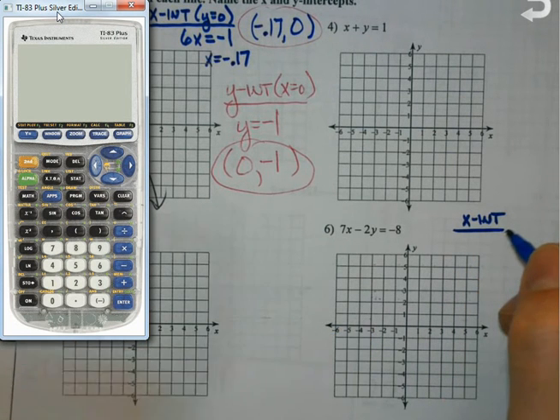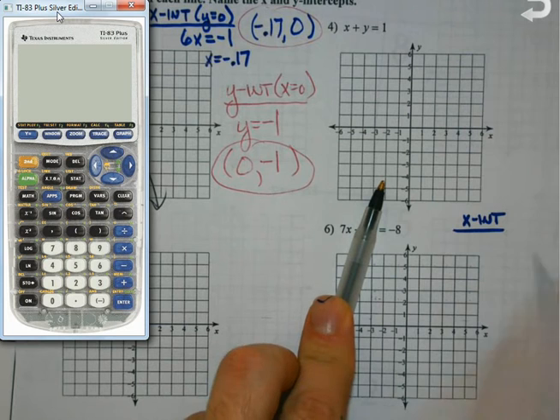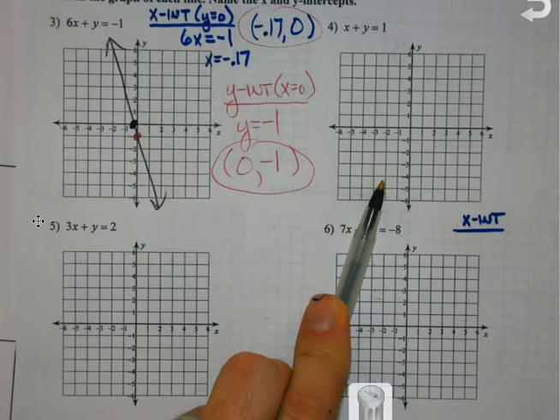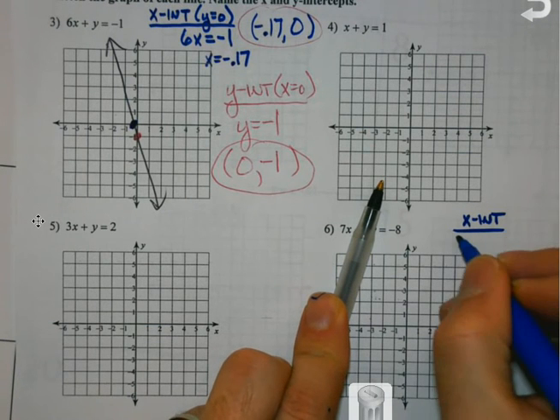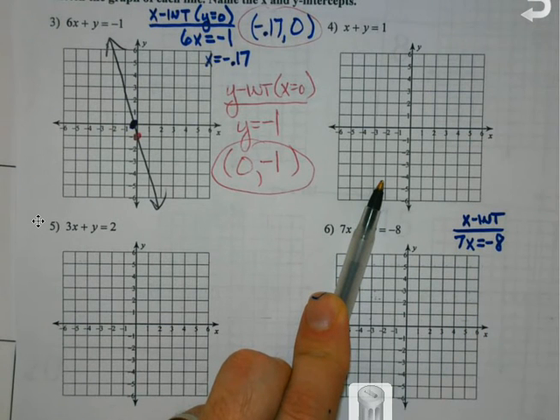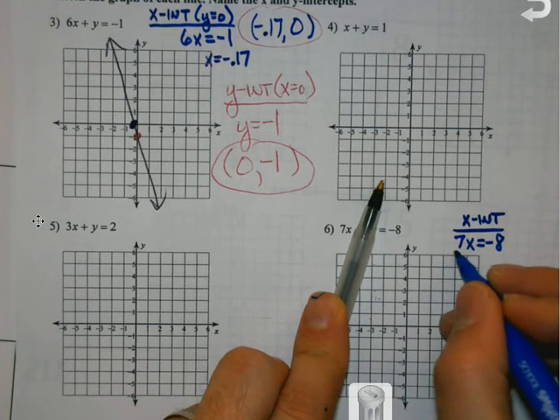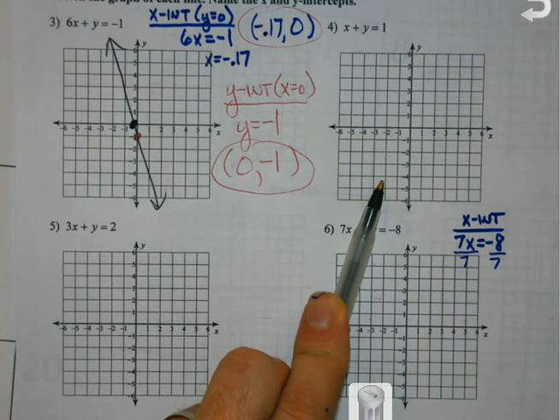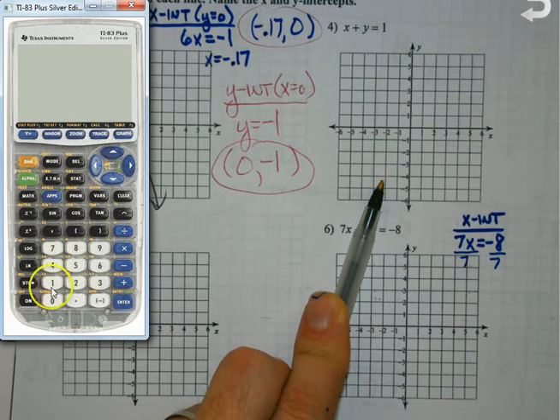When I'm looking for my x-intercept, I cover that up, because I'm just looking for the x part of this. So I need to get x by itself, and we do that by dividing. So we'll pop our calculator back up here to get some help with that.